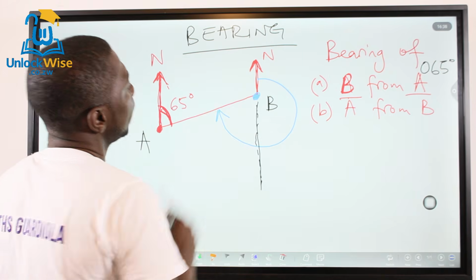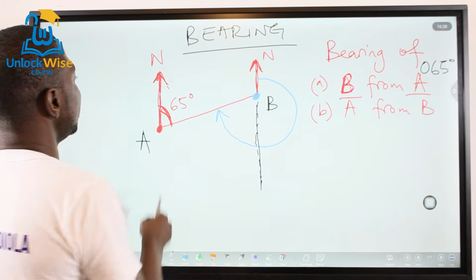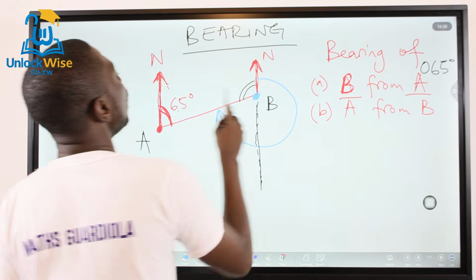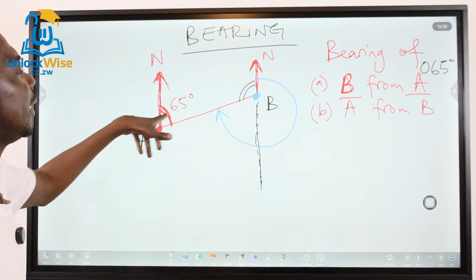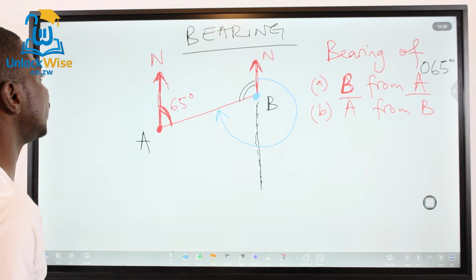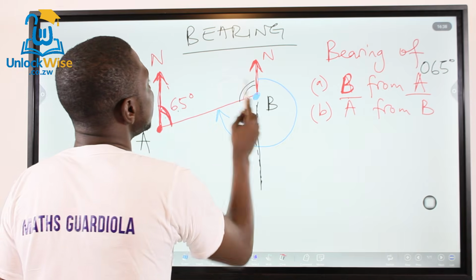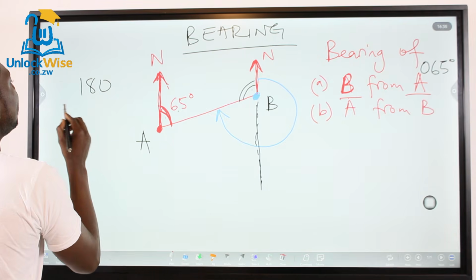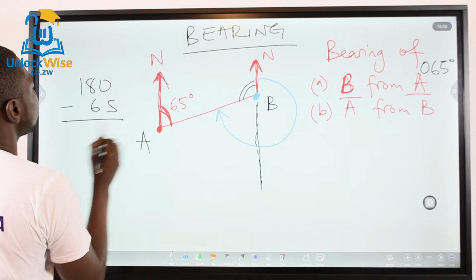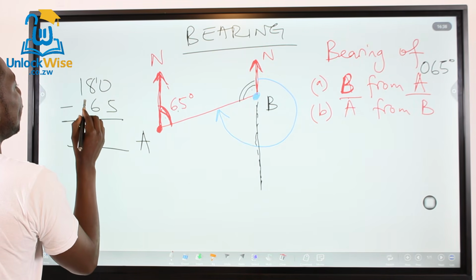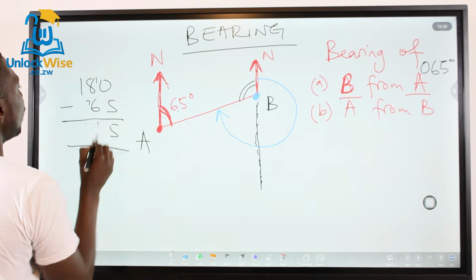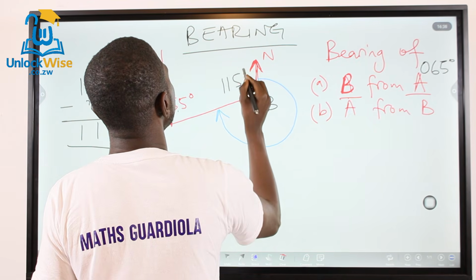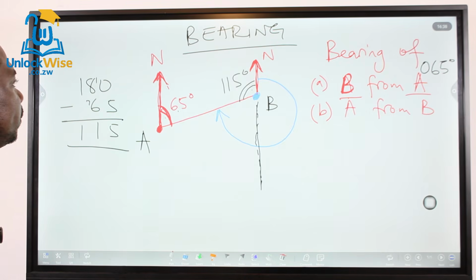If you are to check, this is 65, and I talked about co-interior angles and said that they add up to 180. So this angle and this angle should add up to 180. So 180 minus 65 should give us 115 degrees, right?